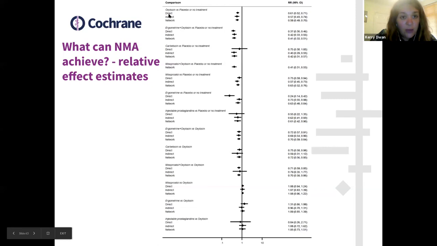So here we've got oxytocin versus placebo or no treatment, and we're given the direct evidence, the indirect evidence, and the result that combines both of these for the network meta-analysis as well. And on the right hand side, it gives you the risk ratio and the confidence interval. And it does that for each of the different comparisons for each outcome. So you could get one of these graphs for each outcome.